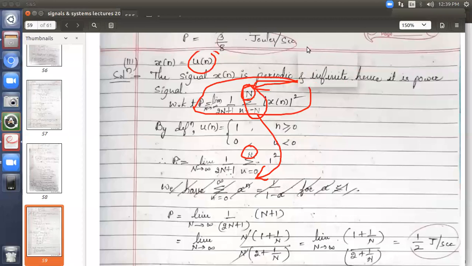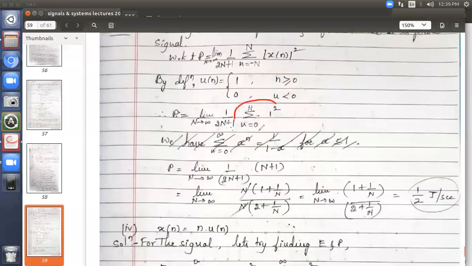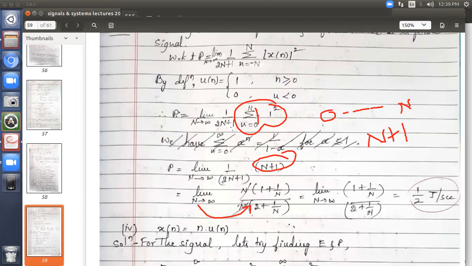And one more important thing, summation of 1 square from 0 to n, 0 to n means totally how many samples? We will get n plus 1 samples. So before application of the limit, I have taken n in the numerator and denominator common. After that, applying the limit, we will get half. Any doubt in this problem, you can ask me.